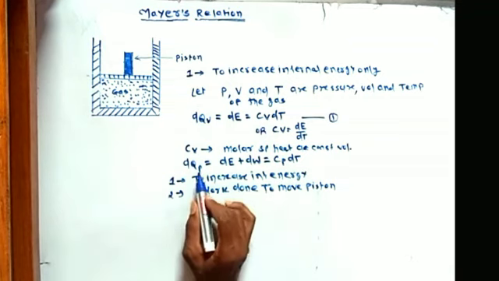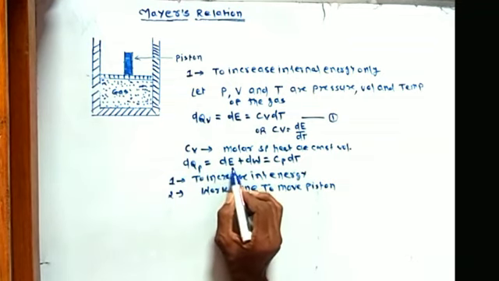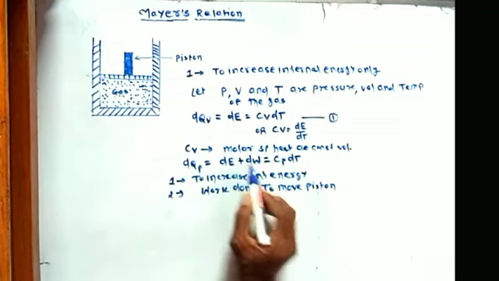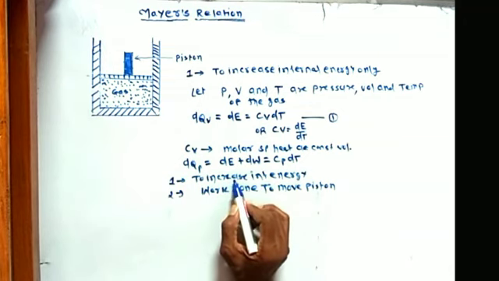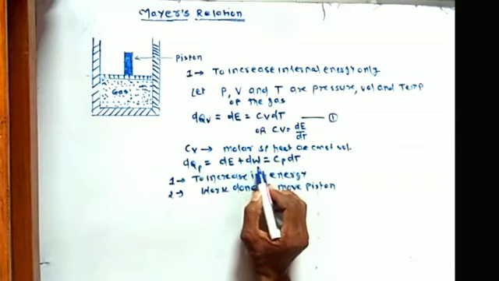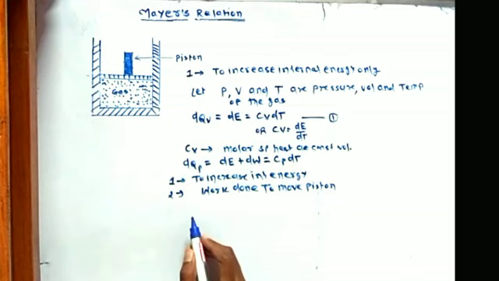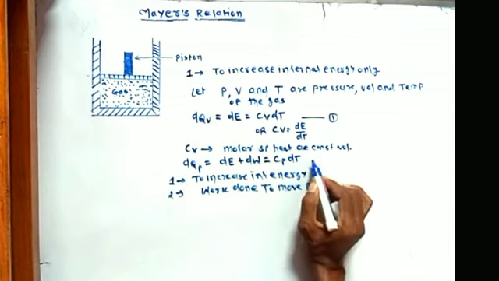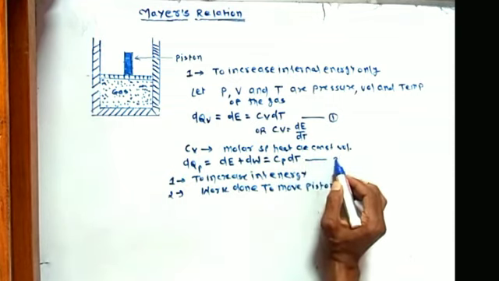So dQp equal to dE, where E is the internal energy. The first term is related to the increase in internal energy and the second term is related to work done. Therefore, this is our second equation.